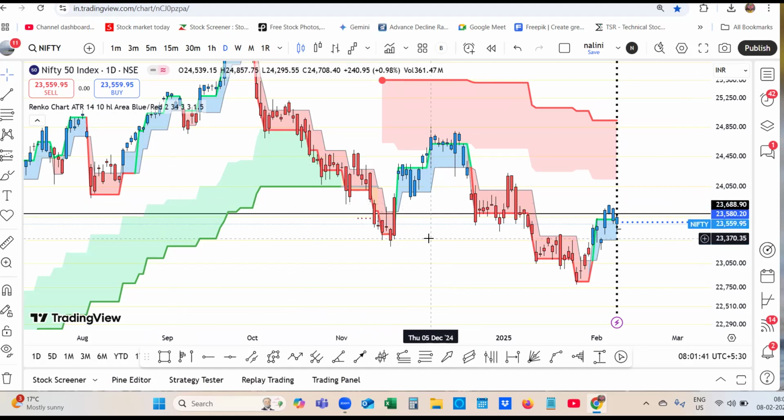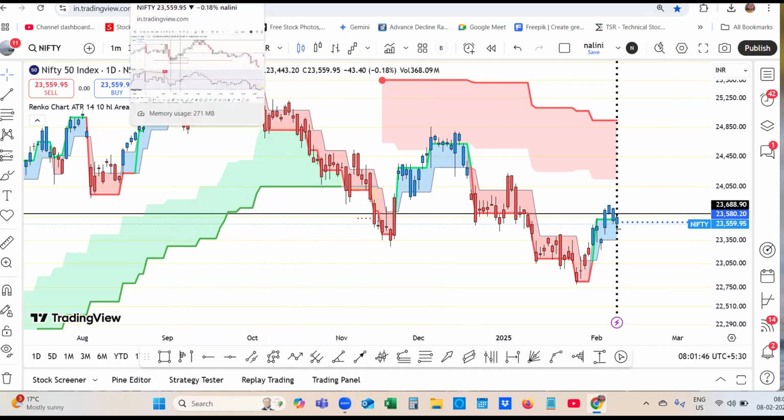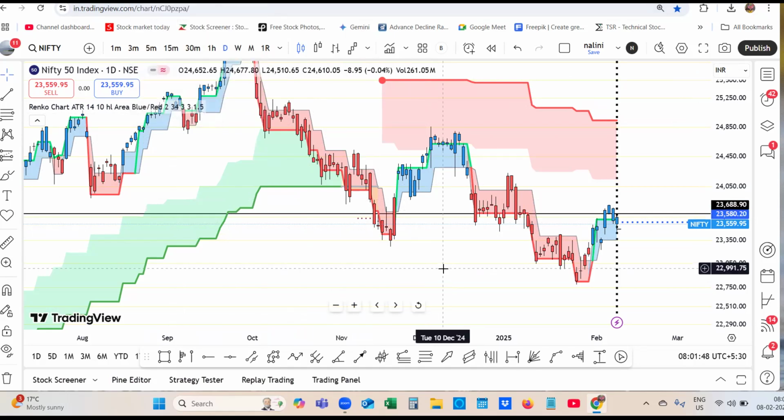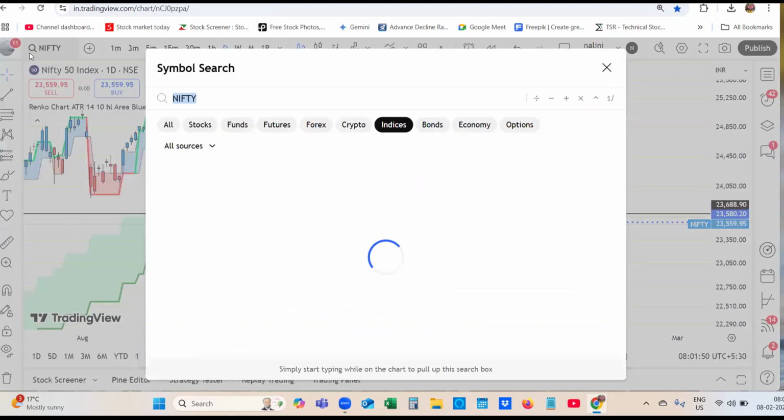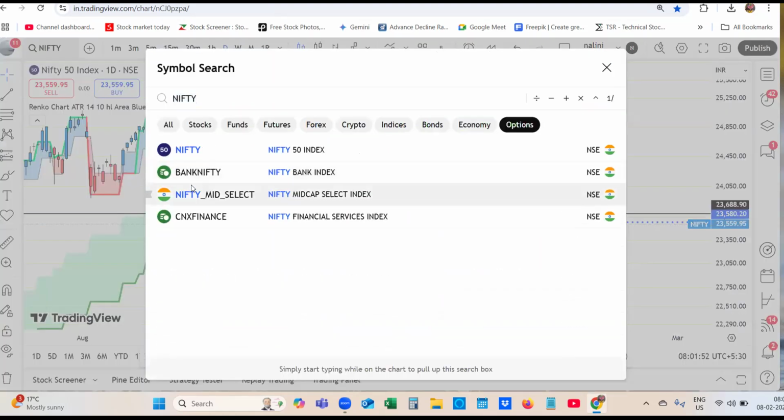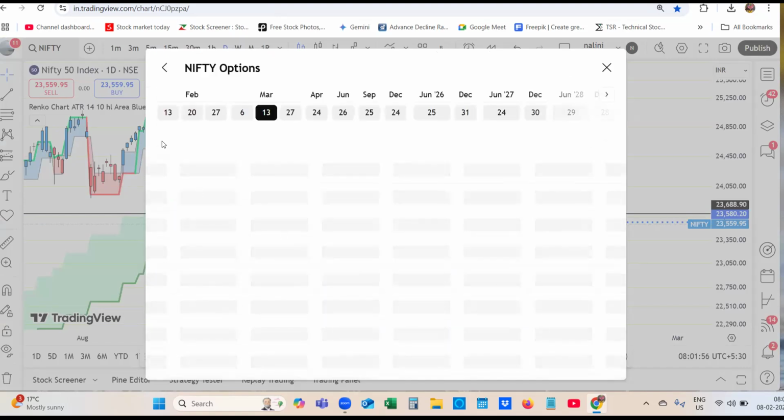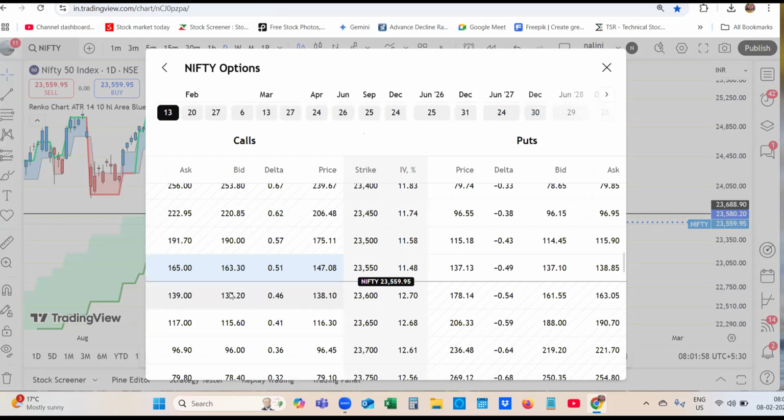So let us explore how yesterday you could have made money. Let me go to the option premium, option chart. I'm clicking on that. So let us select when that was there.